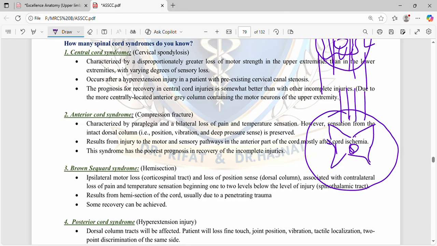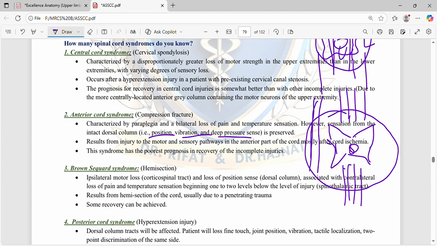This is for deep touch, position, vibration, proprioception, proper touch and proprioception. And there are other fibers which cross to the opposite side, and there are two types in the anterolateral pathway. Some fibers go in the lateral side and some fibers go in the anterior side.